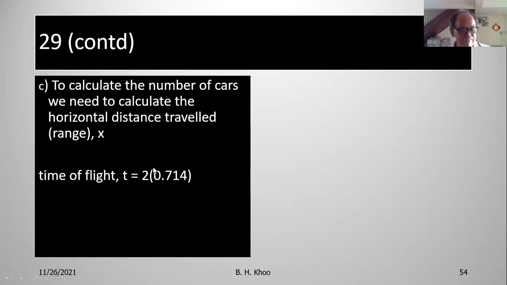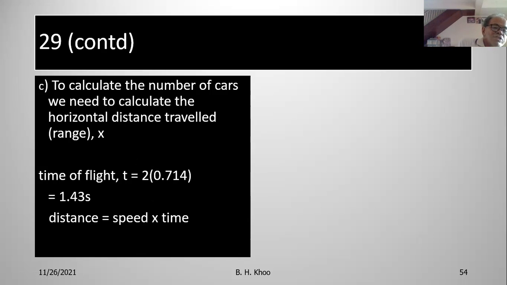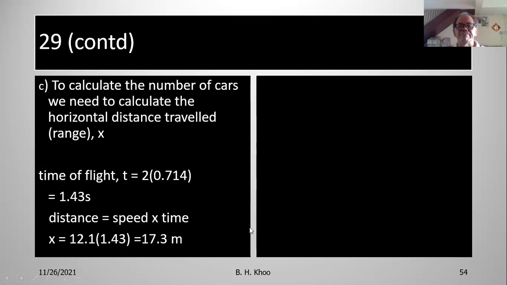So we consider the time of flight is double the time to go to maximum height. To find the range, we use horizontal motion. Horizontal motion is uniform velocity, so it's horizontal velocity times time. The horizontal component of velocity is 12.1. That's the time of flight. Get our range or horizontal distance traveled.